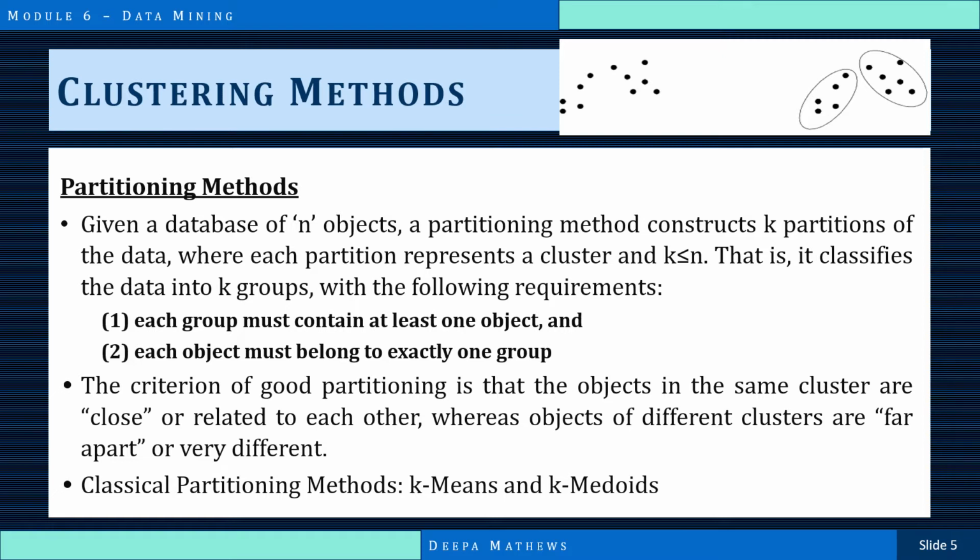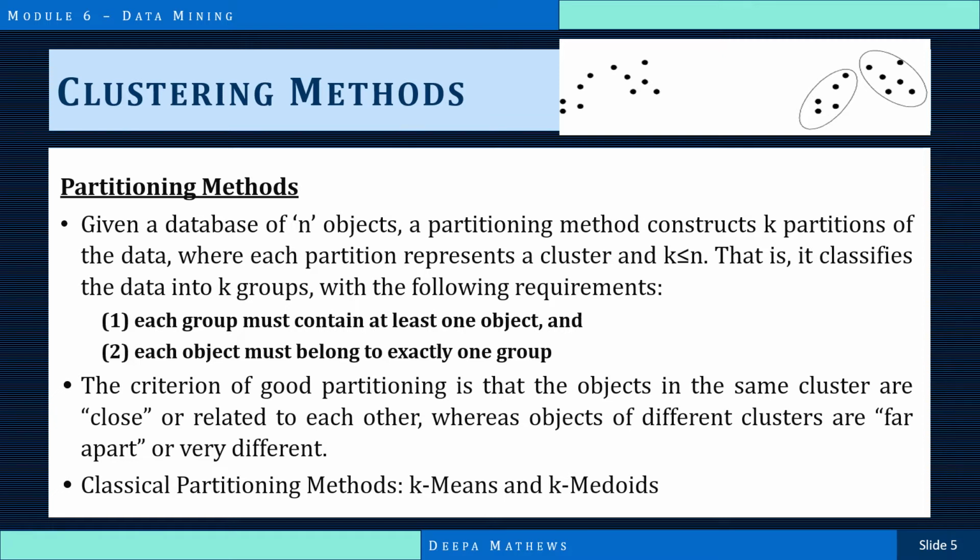While partitioning, we should take care of two points. Each partition should contain at least one object, and each object must belong to exactly one group. Also, the criterion for good partitioning is that the intra-cluster similarity should be high, whereas the inter-cluster similarity should be low.